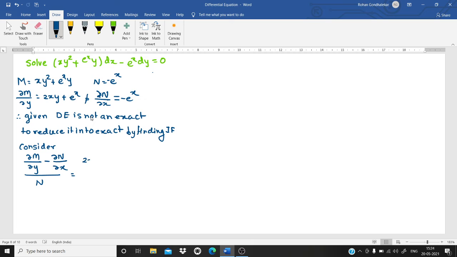So dabba m by dabba y is 2xy plus e raised to x minus dabba n by dabba x is minus of minus become plus e raised to x upon n, that is minus e raised to x. Fine. So if we go on calculate it, it becomes 2xy plus 2 e raised to x upon minus e raised to x. It is not f of x. Is it? So hence third rule also fails.